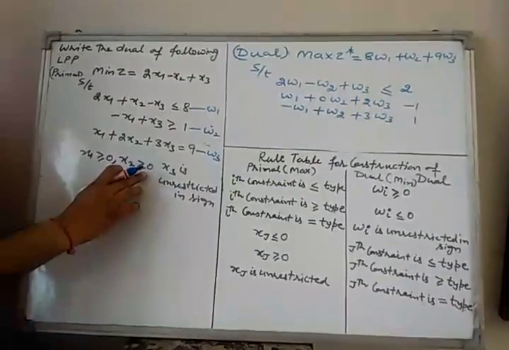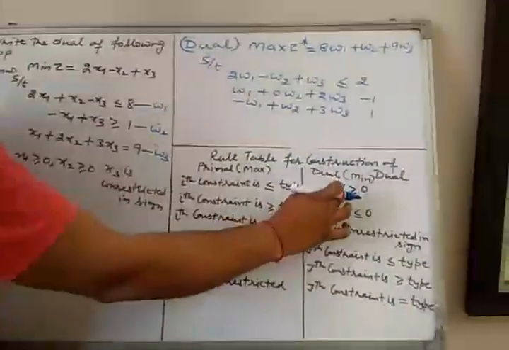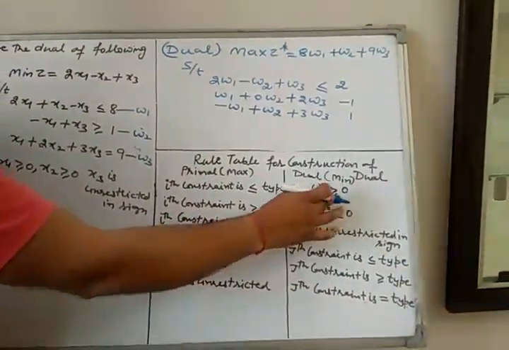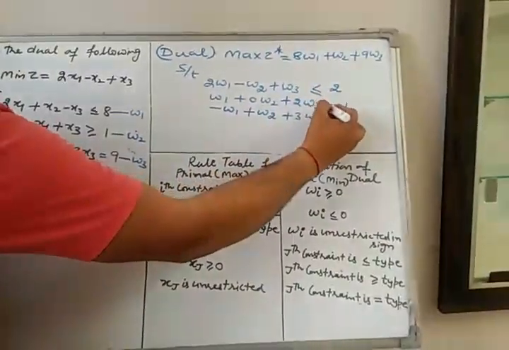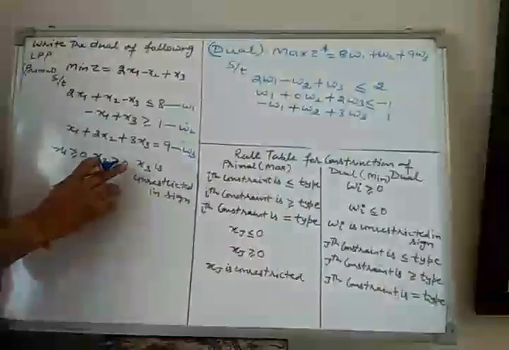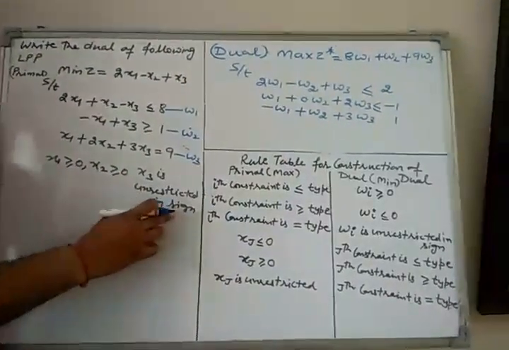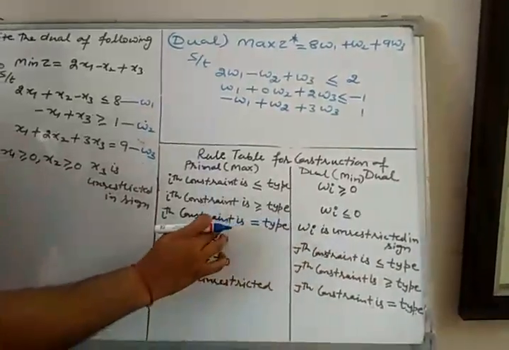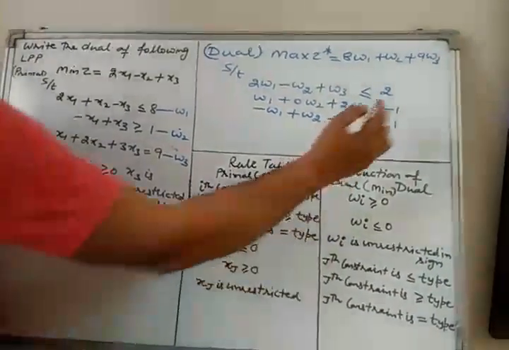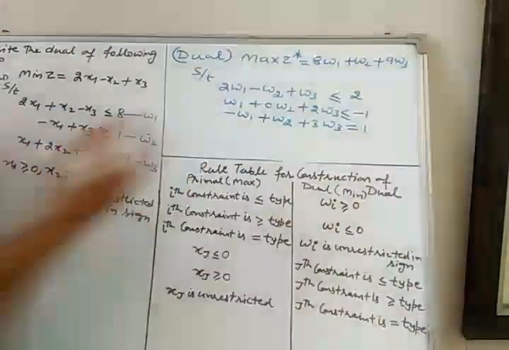The second variable is greater than equal to 0. Again, the constraint is of the less than equal to type. Therefore, less than equal. The third variable is unrestricted in sign. If a variable is unrestricted in sign, then the constraint is of equality type. Therefore, we write equality here.